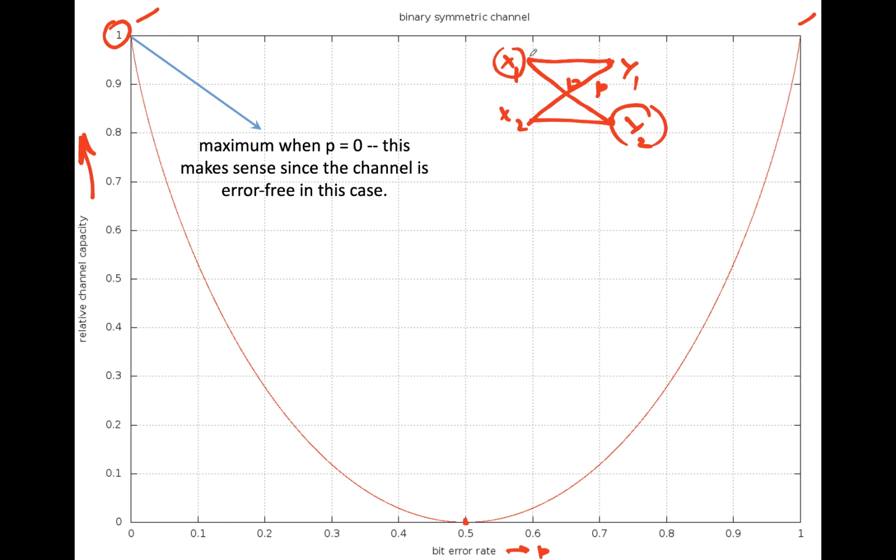There is no chance of a flip of this bit.